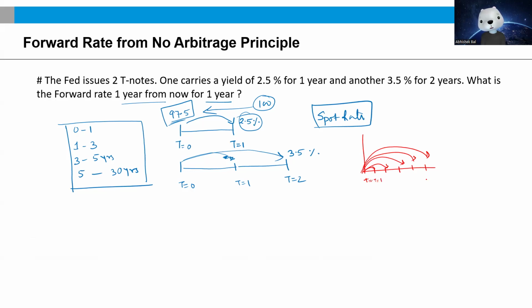In fact, there are bills, there are notes, then there are bonds, long-standing instruments on the government side, the Fed side, that could range from a few months to a year to even 30 years. All right. So these are all spot market instruments that are floated in the market.